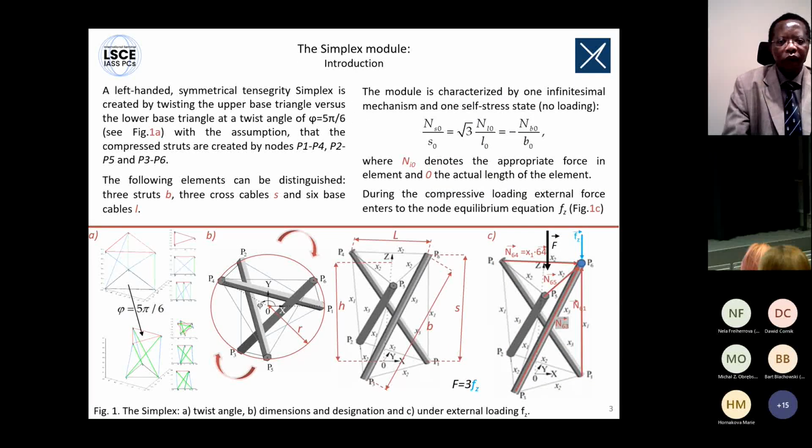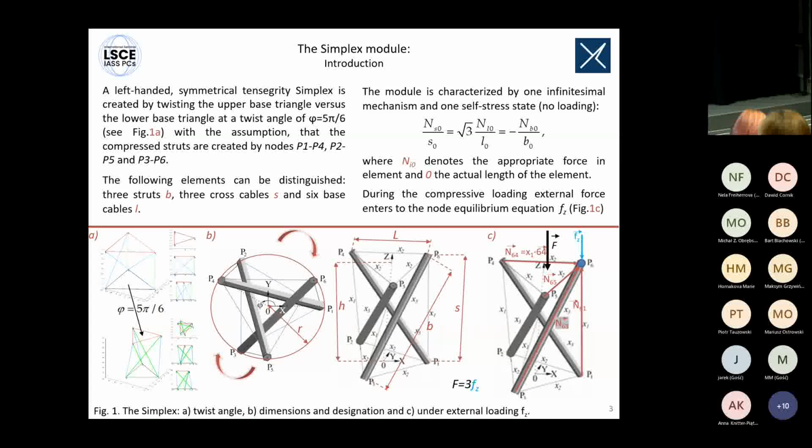The Simplex is a model which is built with 3 struts, so the members which are load-bearing in compression, 6 base cables, and 3 cross cables.